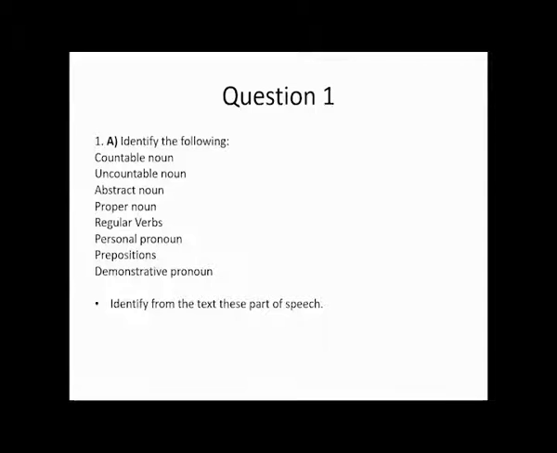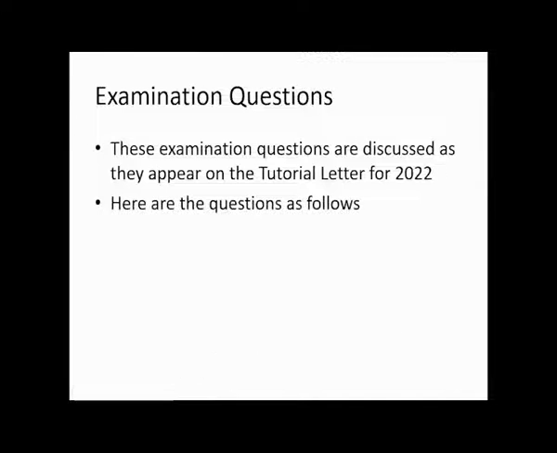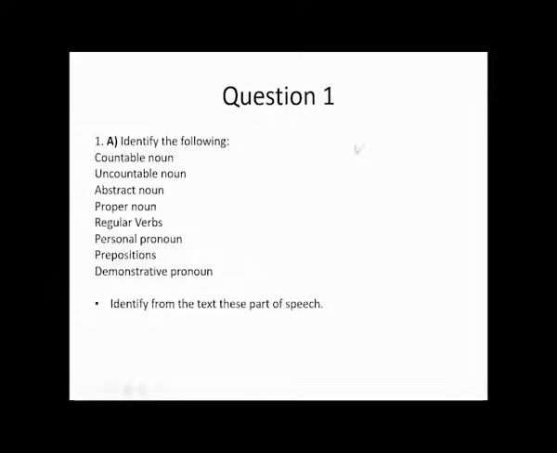Okay, now if we look at question 1, it takes us back to the different parts of speech, where I said you need to know the names and the functions and also the examples of the different parts of speech, because now you are asked here to identify the countable nouns, the uncountable nouns.